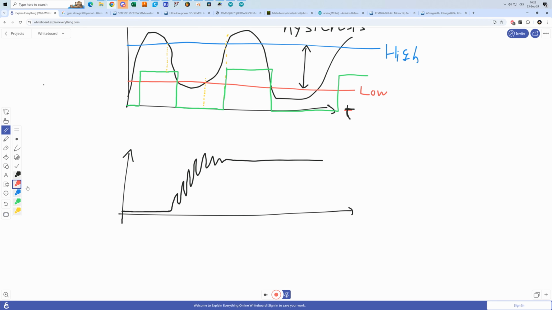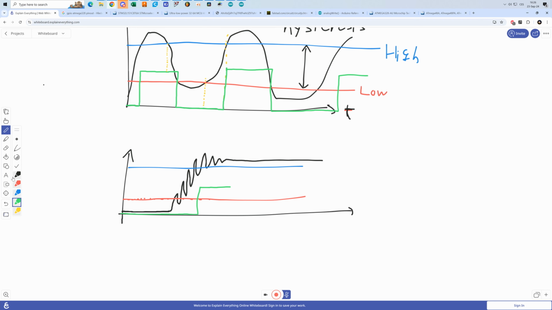Well, thankfully, we got these logic thresholds. This is the logic low threshold, and this is the logic high threshold. So the state of the pin is going to be low, and it's going to be low until here, where we reach the high threshold.